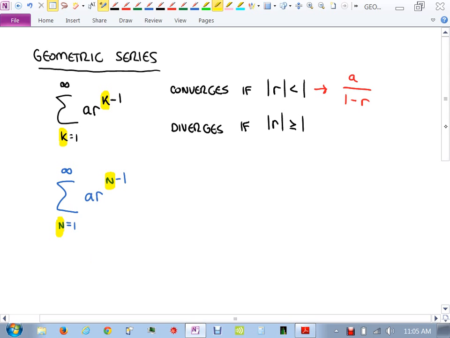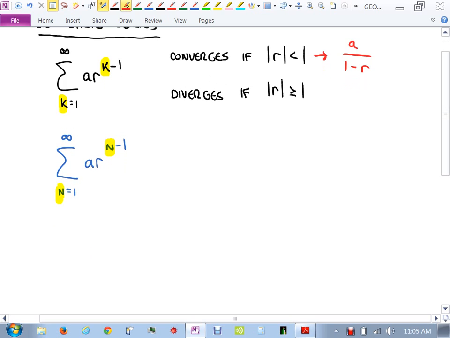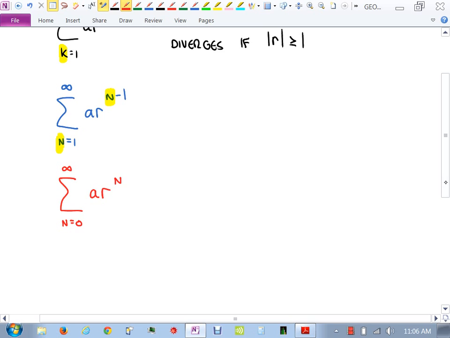Something else I want to show you. Another formula you may see for geometric series may be like this. What's different here? Starting from 0 instead of 1. But what else is different?